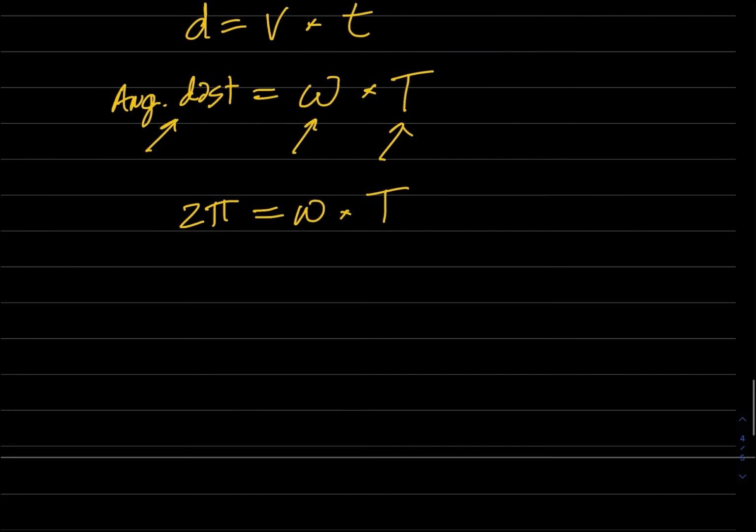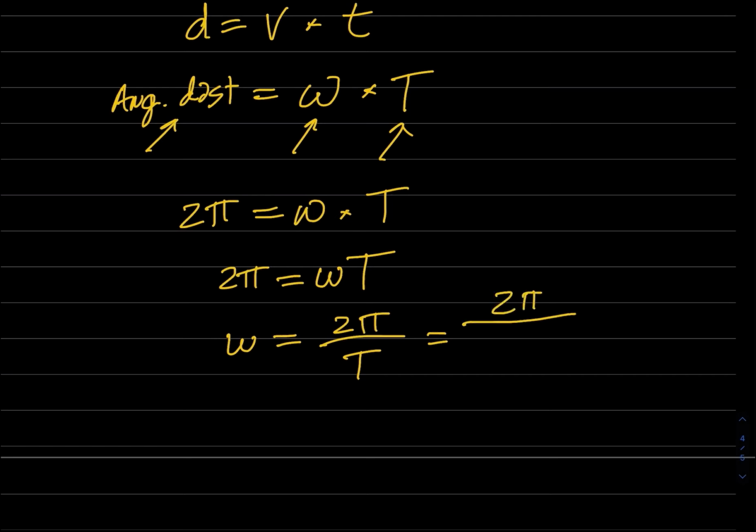So let's keep going. 2 pi equals omega times t. Omega equals 2 pi over t, which equals 2 pi over the reciprocal of the frequency, which equals 2 pi times the frequency.